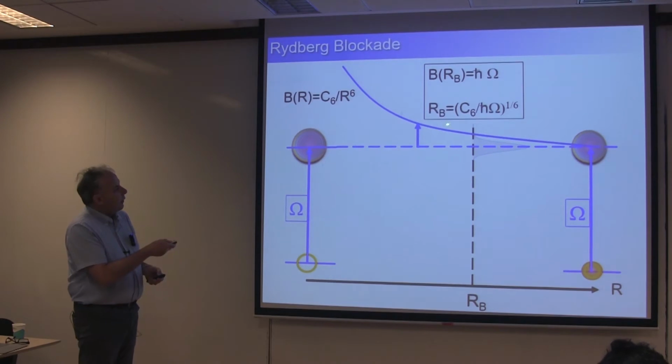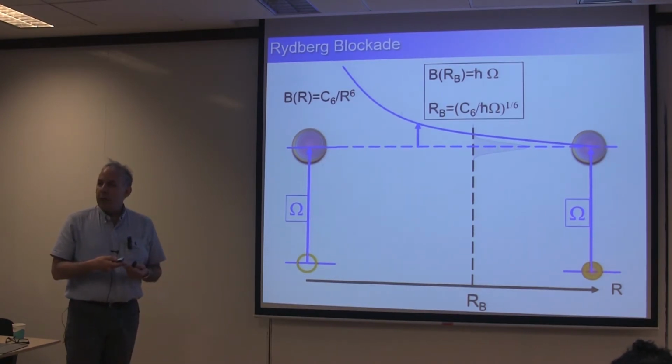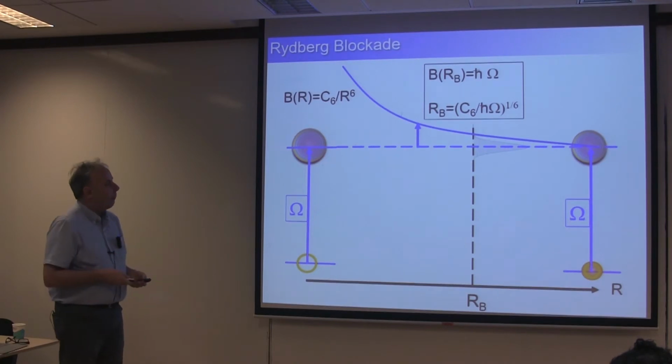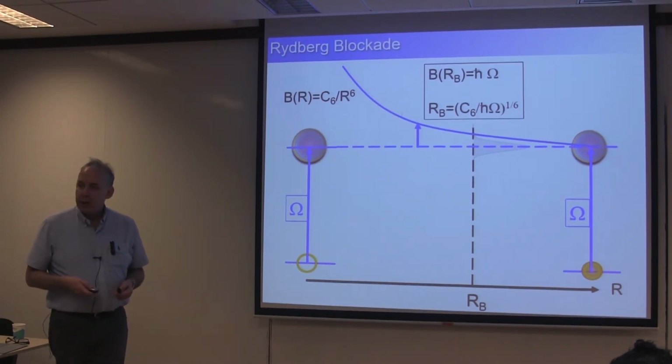And so this blockade radius is not an intrinsic microscopic parameter of the atom. It's a combination of the C6 coefficient, which is an atomic parameter, relative to the excitation rate, which determines the width of this resonance line here. And so I can only excite one atom at a time at distances shorter than the blockade distance.